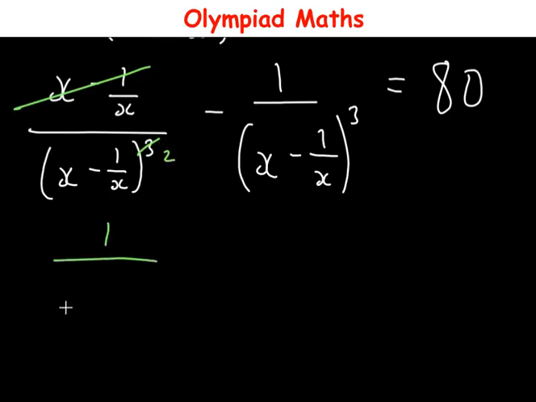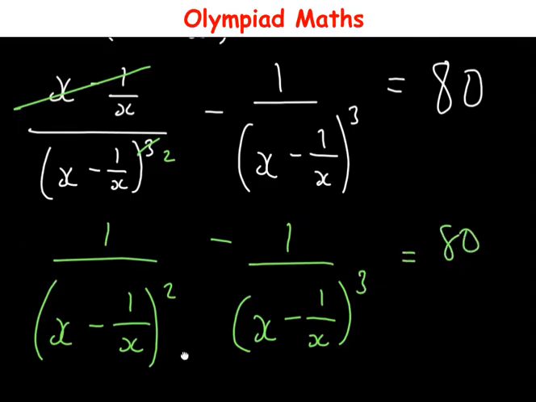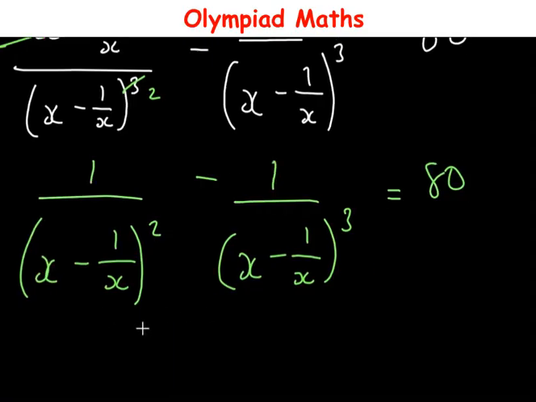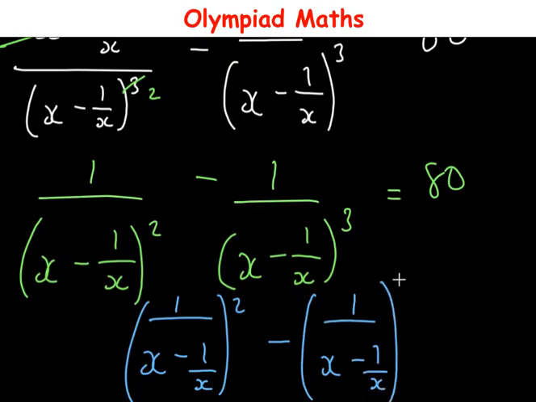So we have 1 over (x − 1/x)², then minus 1 over (x − 1/x)³, and this equals 80. This can be written as (1/(x − 1/x))² minus (1/(x − 1/x))³, and this equals 80.